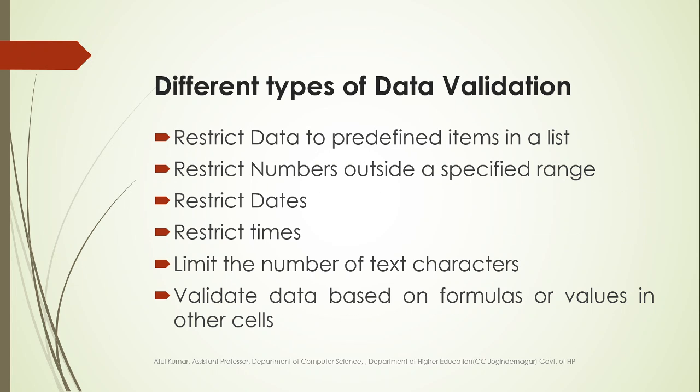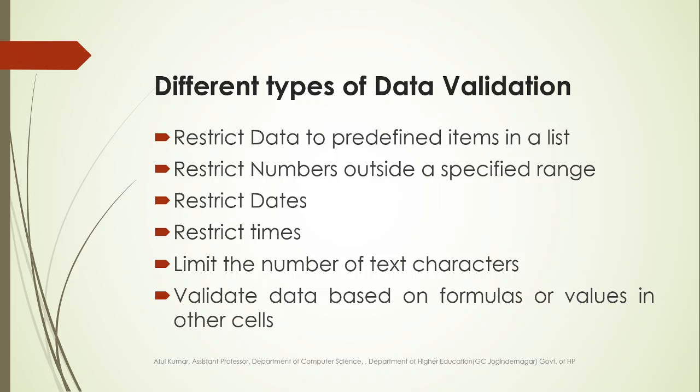So there are different types of data validation. If you want to restrict the data to predefined items in a list, you can use data validation. Also, you can restrict numbers outside a specified range, or give a range in which you can restrict numbers.